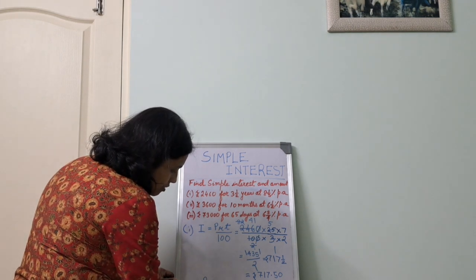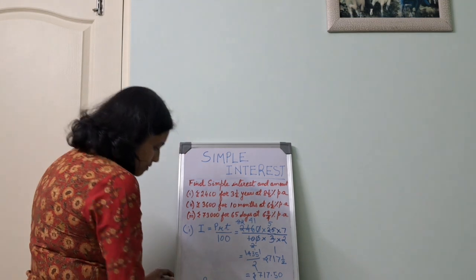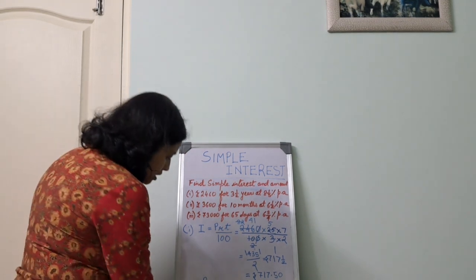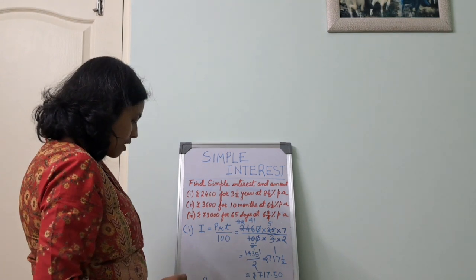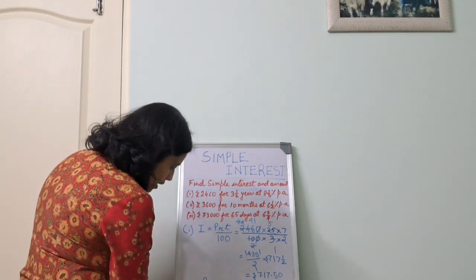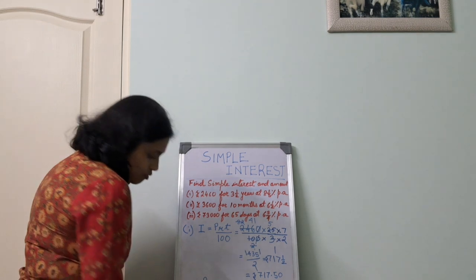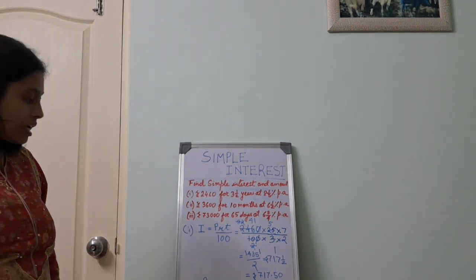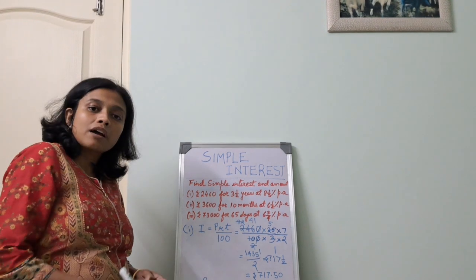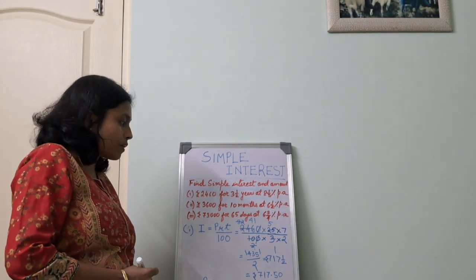So decimal, we'll write it first. 0 plus 0 is 0, 7 plus 0 is 7. 6 plus 1 is 7 again. 4 plus 7 is 11. 1 carried over. 2 plus 1 is 3. So the amount is 3177.50. Okay, I hope it's clear to everyone.